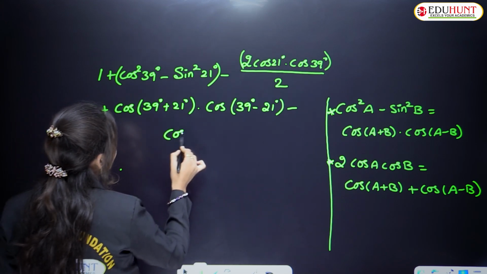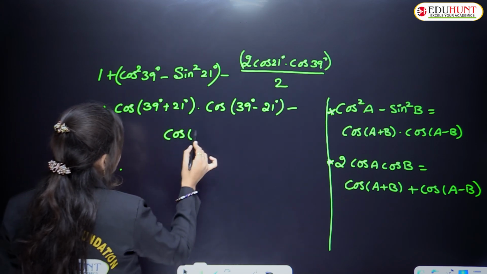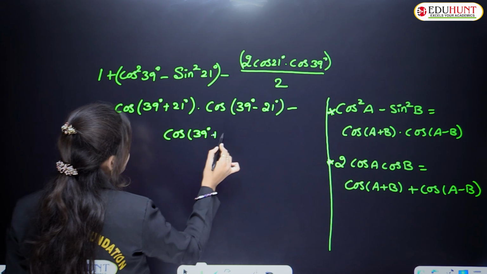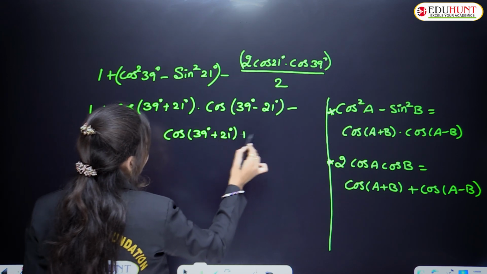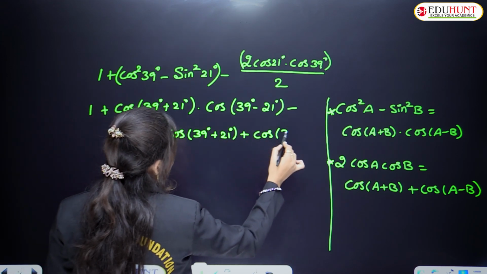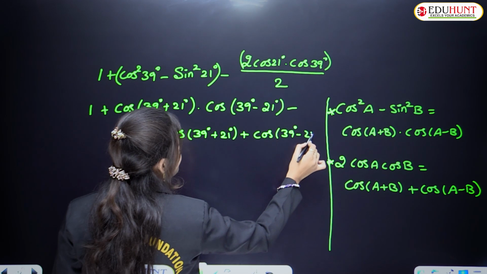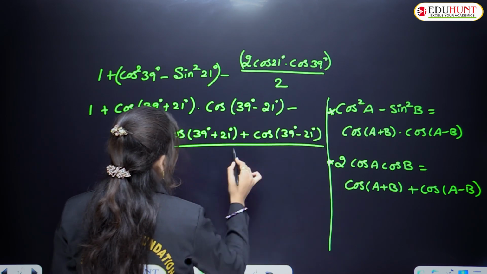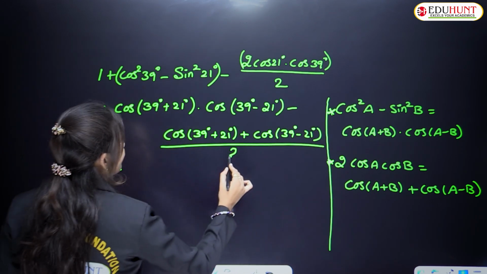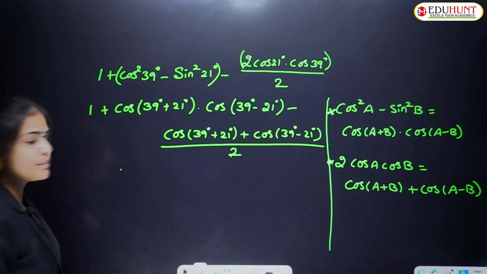What is that? Cos of A plus B, so cos of 39 degrees plus 21 degrees plus cos of A minus B, so 39 degrees minus 21 degrees, whole by 2. Am I clear?